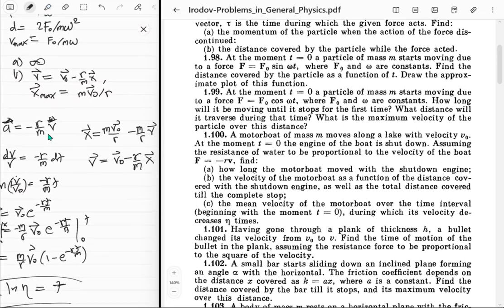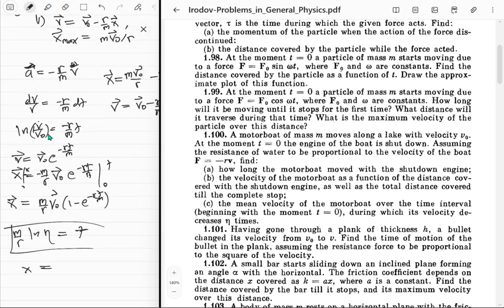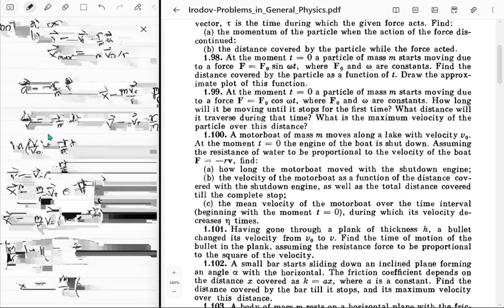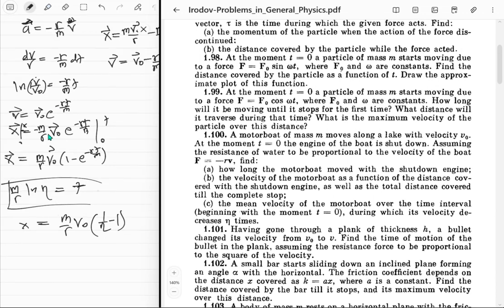Using this equation, v minus v naught, which is just v naught into 1 upon eta minus 1, and now divide by that.